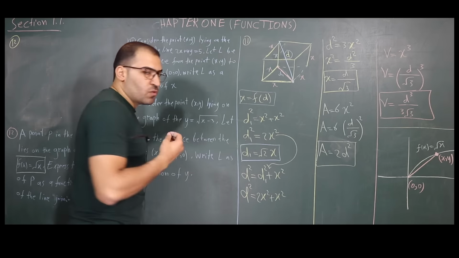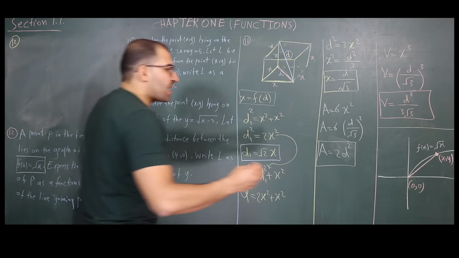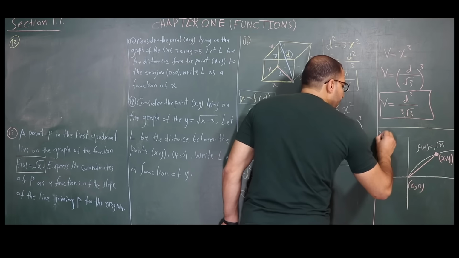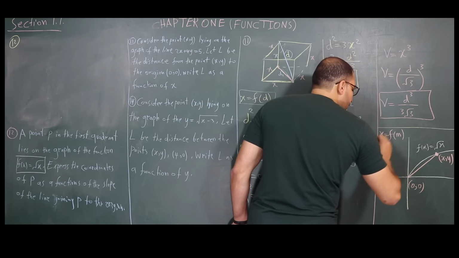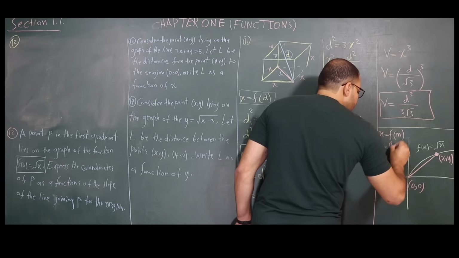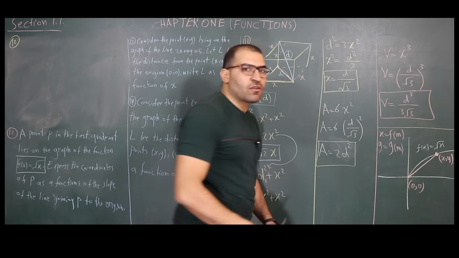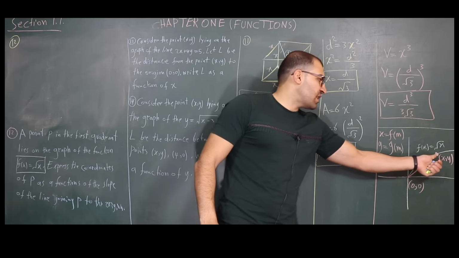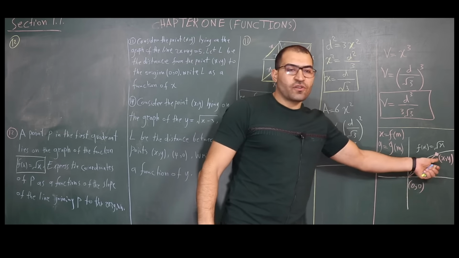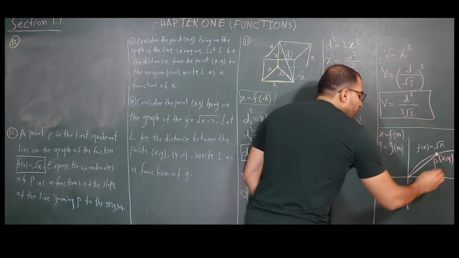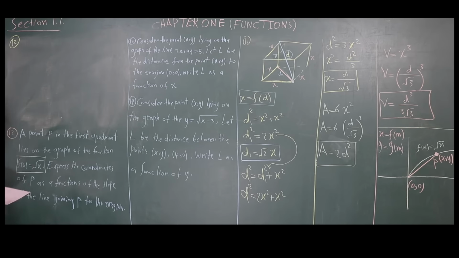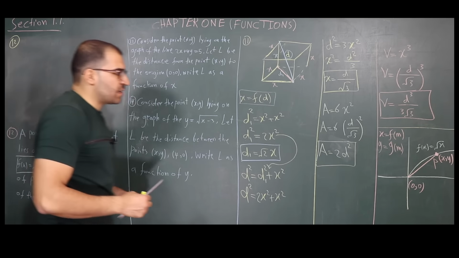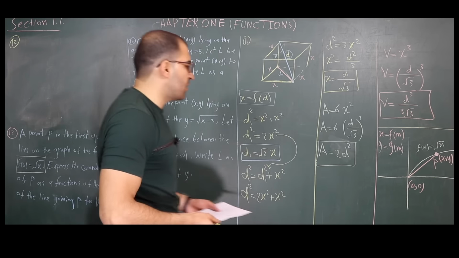He wants us to express x as a function of the slope and y as a function of the slope, not any slope, but the slope of the line joining the point P with the origin. It's not difficult to find, but it's tricky, and he wants to check that the student has fully understood the material on functions.